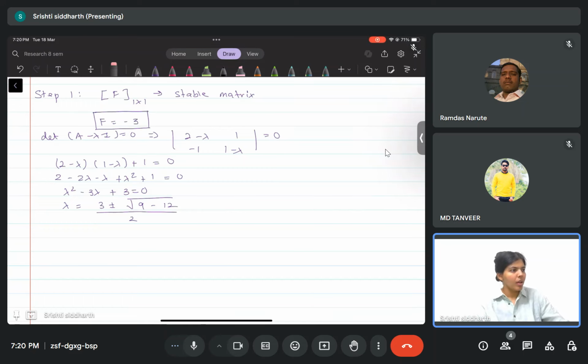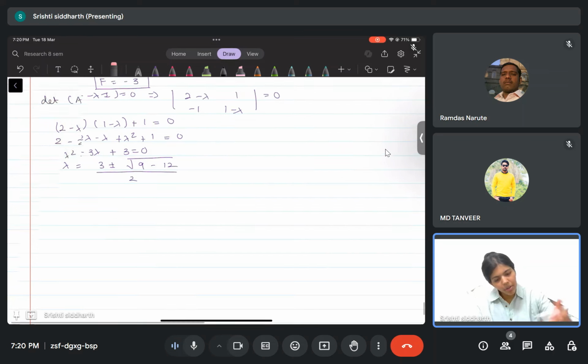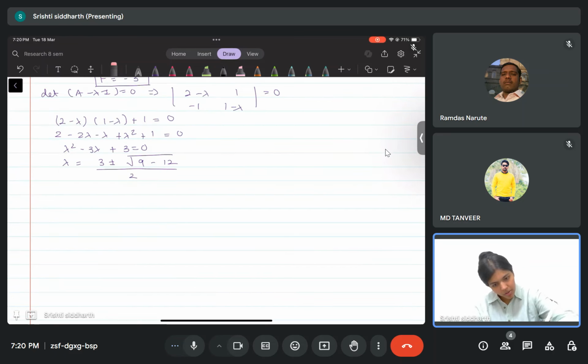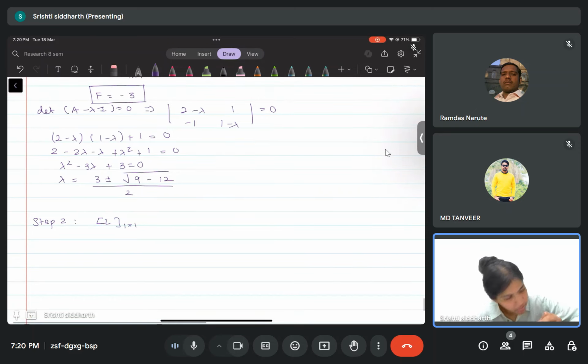Alright. Now we have to select an arbitrary matrix L. This should be of size n minus q by q, so we have again 1 by 1, such that the pair FL is controllable.